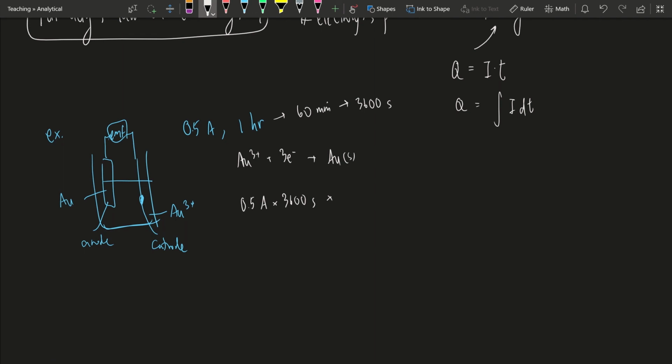Now you can use the Faraday's constant, which is 96485 coulomb per mole electron. So you get mole electron here. But you want to convert it to mole of the gold. So from the electrolytic reaction here, to get 1 mole of gold, you need 3 moles of electrons.